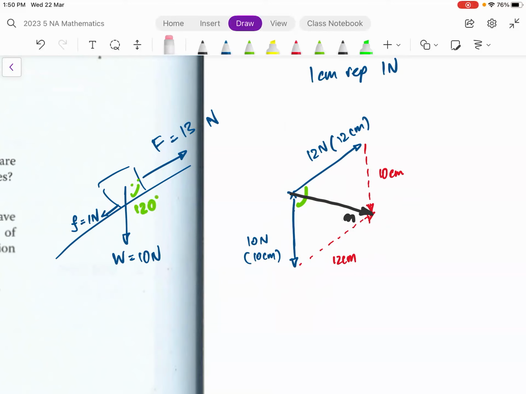So no more 30 here. So if the green angle is 120 degrees, I can include that information over here. Then I'm going to require you to calculate using your sine rule, cosine rule, whatever you have learned, to find the distance of this black color line, as well as the angles that are required.